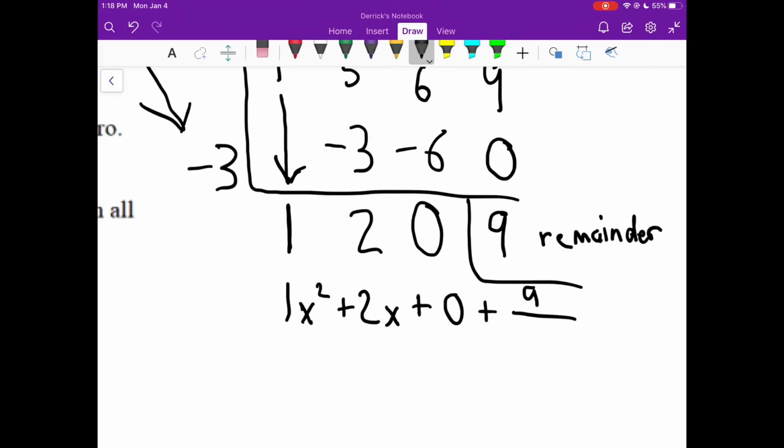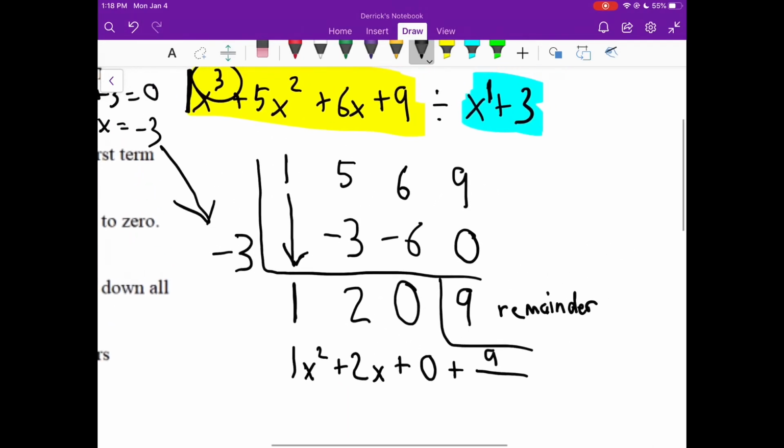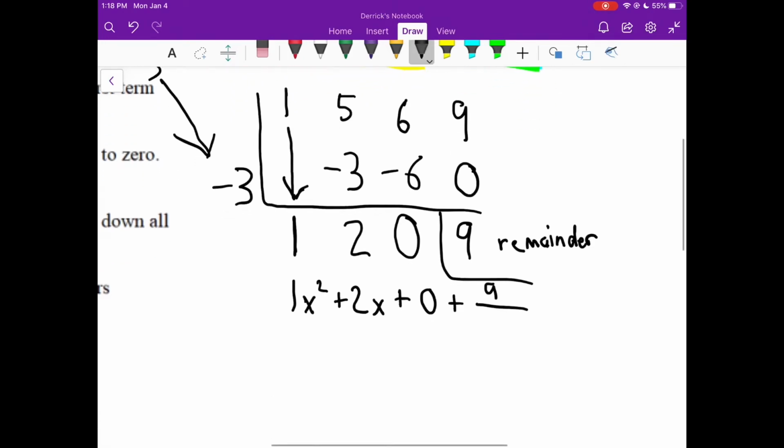Well, let's look back at our original problem and ask ourselves, what are we dividing by? We were dividing by x plus 3. So, we will write that we were supposed to take 9 divided by x plus 3.